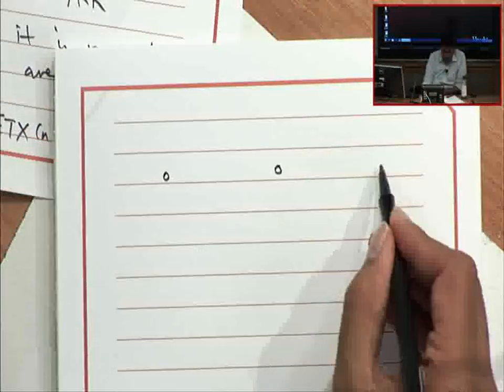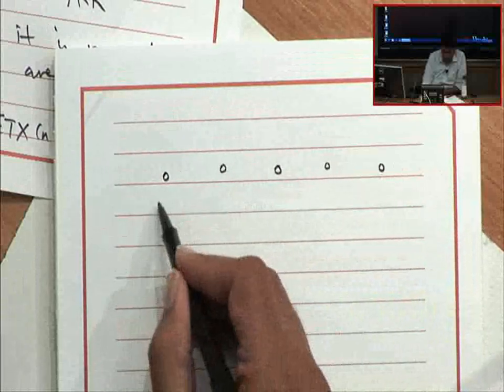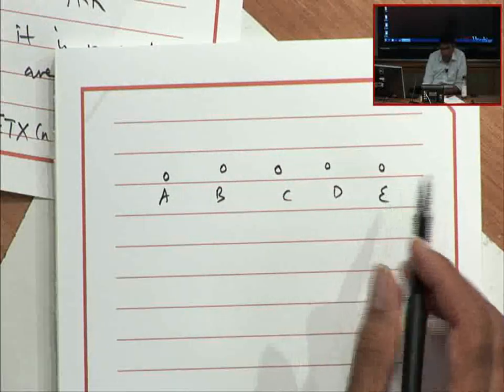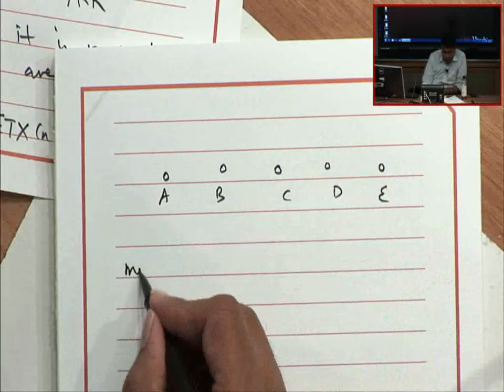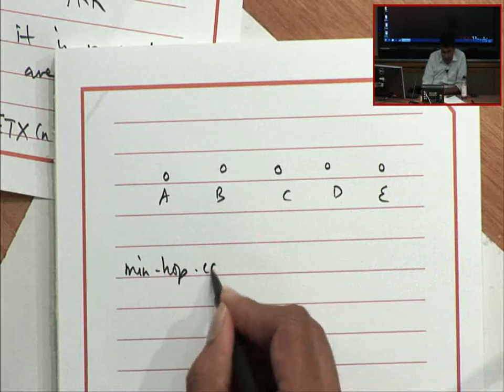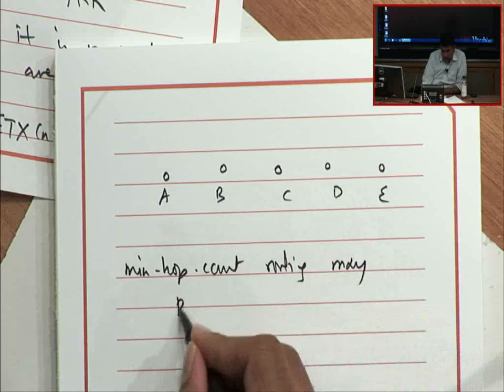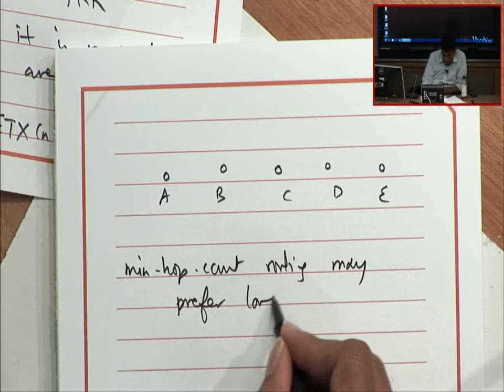And so the basic idea of using ETX as a metric is, for example, if I have a choice between a couple of options, so I have a set of nodes that I want to route data from A to E. If I use min hop count routing, it may prefer longer hops.